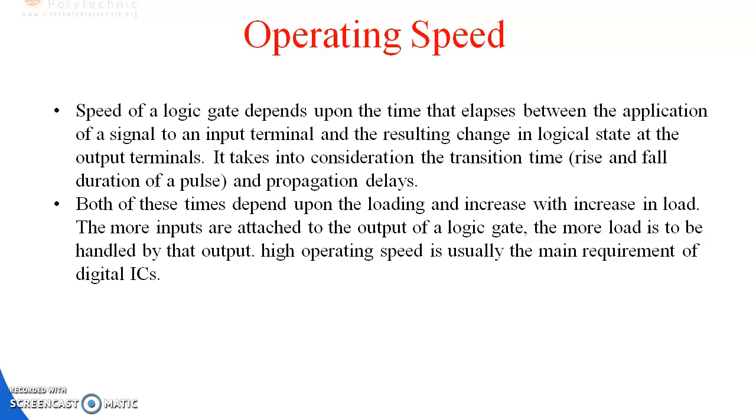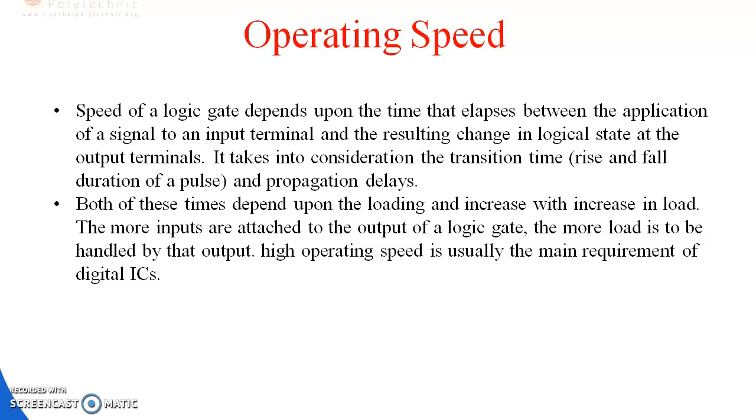Speed of a logic gate depends upon the time that elapses between the application of a signal to an input terminal and the resulting change in logical state at the output terminal. It takes into consideration the transition time, that is, rise and fall duration of a pulse, and propagation delay.